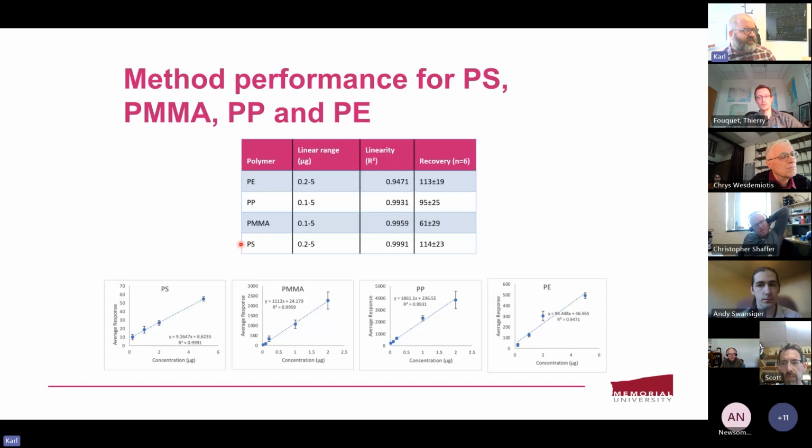That's a good question, and it's something that we're thinking about. This is the first attempt at it. Our original explanation is that maybe expanded polystyrene foam is more available to the air sampler because it's lighter, less dense, and floating around.